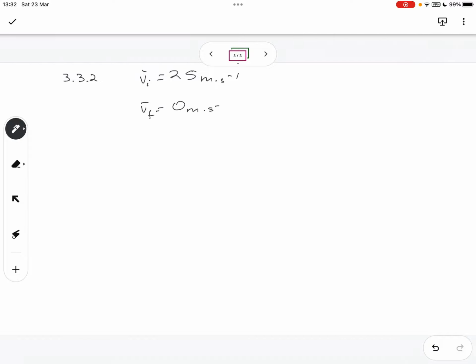Oh, it's -25 because it's traveling up from the floor, and up is negative.